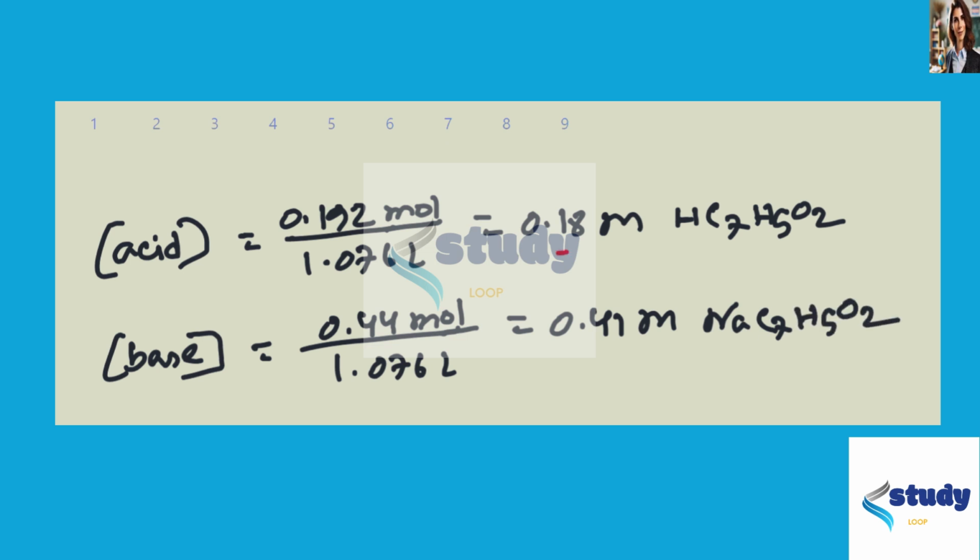So these are the required concentrations of the benzoic acid and sodium benzoate that is buffered at a pH of 4.55 and has a freezing point of -2 degrees C.